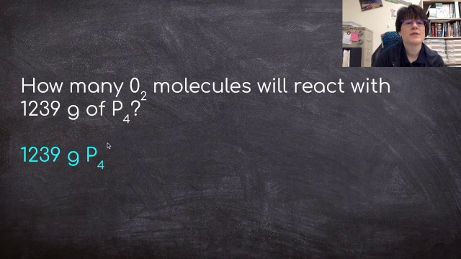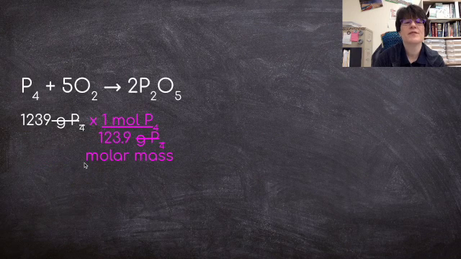So we start again with our 1,239 grams of phosphorus. We always have to go through a mole. So using the molar mass, we convert to moles. So we divide by 123.9 grams of phosphorus. That goes on the bottom. 1 mole of phosphorus goes on the top.